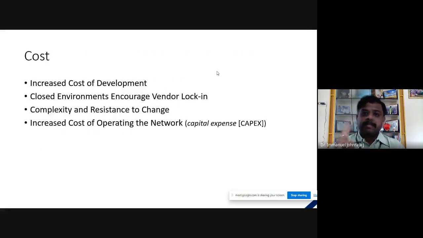All right. The second major reason why we talk about moving into SDN is your cost. Obviously, that should be the primary one. All right. The increased cost of development. I try to connect this with the fourth point. Okay. When you have the CapEx, the capital expense, the setting up of the network is going to involve huge cost. All right.